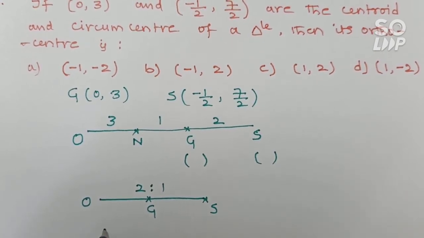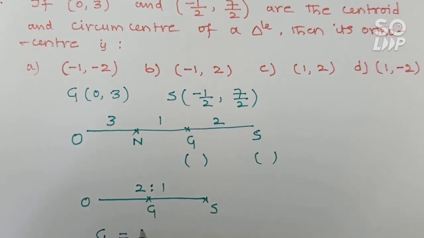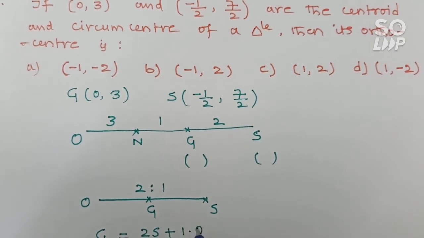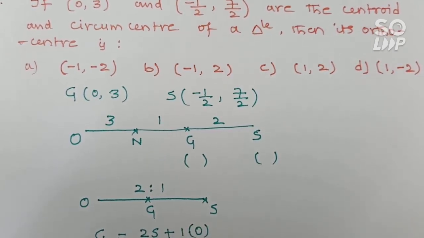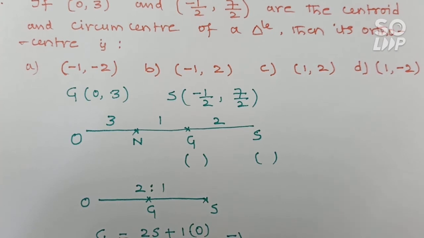So from this one we know that G is equal to 2 into S plus 1 into the orthocenter, whole divided by 3.